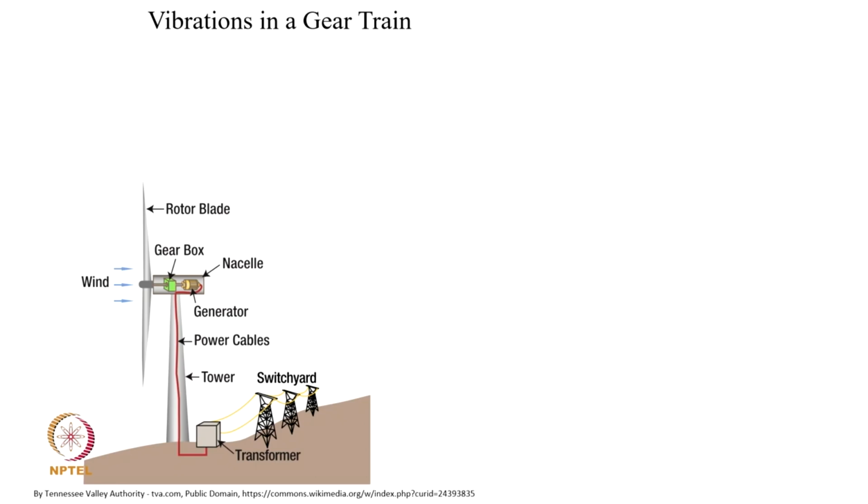So, for that, the example I would like to consider is that of a wind turbine, and the picture that you see here is a simplified wind turbine model, where the rotor blades under the influence of the flowing wind would generate a rotational motion to the bladed rotor, and this particular shaft is called the low speed shaft.